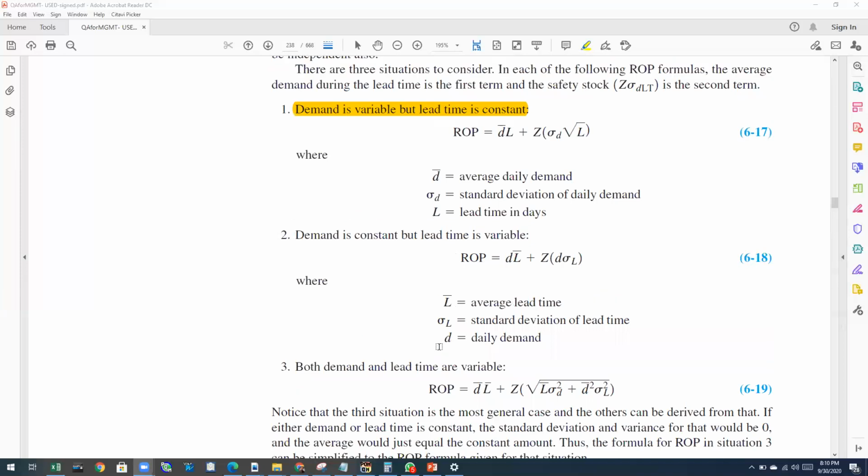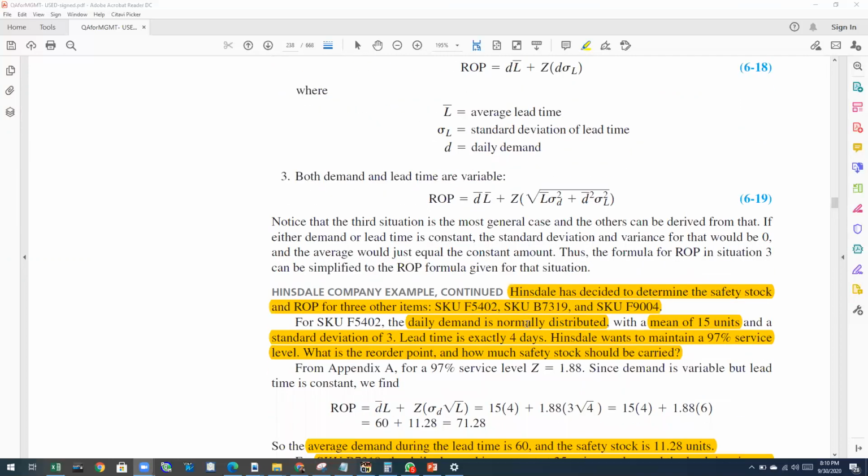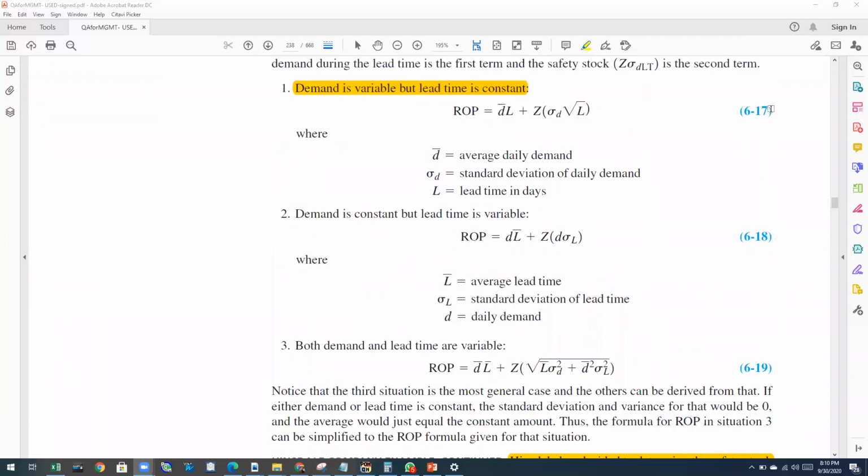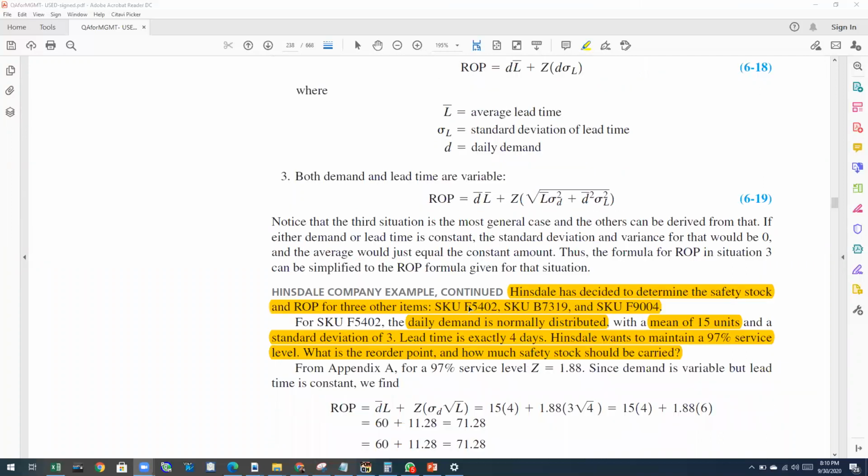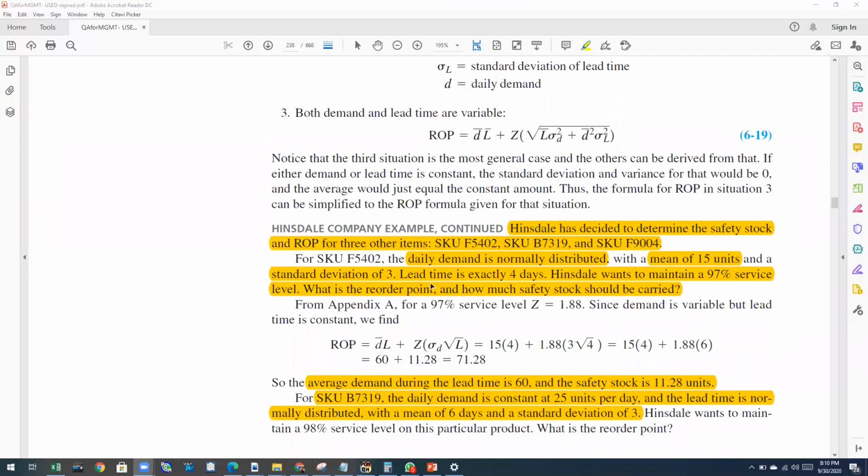So which of these three formulas are we going to use? Demand is variable, lead time is constant. So for F5402, we need to use the first formula, formula 6.17. Average demand is 15 units.